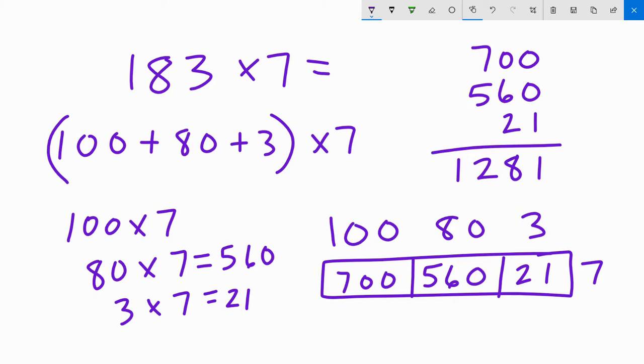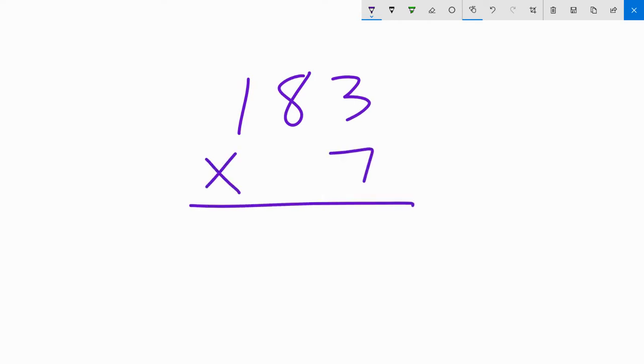Okay, so if the expanded form works for you, you can use that. If the area model works well for you, you can do that. Or we can write it out and you can stack it, and you can do your multiplication just like we practiced, like this.